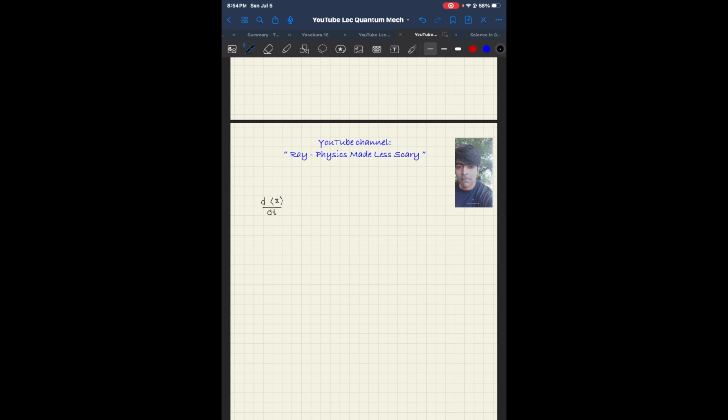We write this to be equal to i h cross by 2m integral dx x times del/del x of (psi star del psi/del x minus del psi star/del x psi).